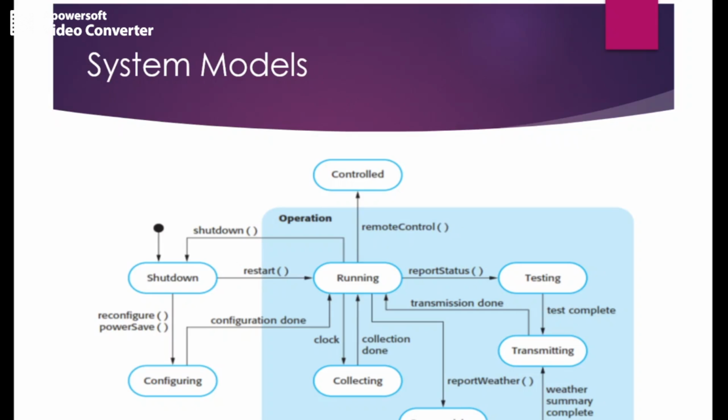Then it will go back to a running state once the collection is done. And finally, once it receives the remote control message, it will move from running state to control state. Here it will perform a certain set of operations based on the messages it receives from the remote control room.